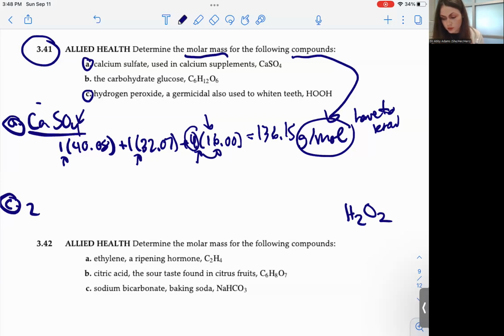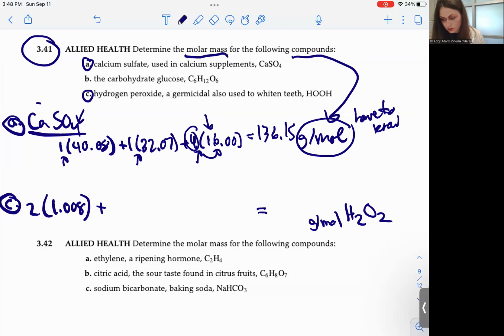So we're going to want grams per mole of hydrogen peroxide. We have 2 hydrogens. That's 1.008, all the way at the top left of the periodic table.